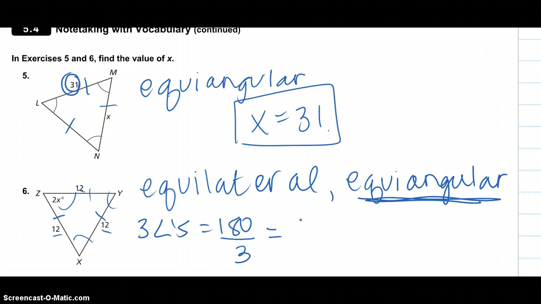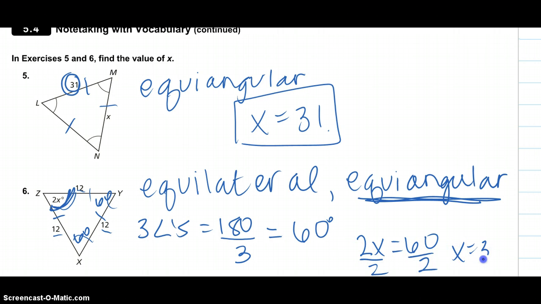So I know that every equiangular triangle, the angles inside are 60 degrees. So that means this angle is 60, this angle is 60, as well as this one here. So if there's a value in there, or a label, I can set 2x equal to 60 to solve for x. Once I solve, I should get my x to be 30. And there I'm finished because the question was to find the value of x.